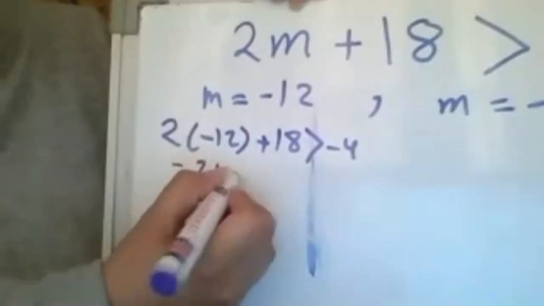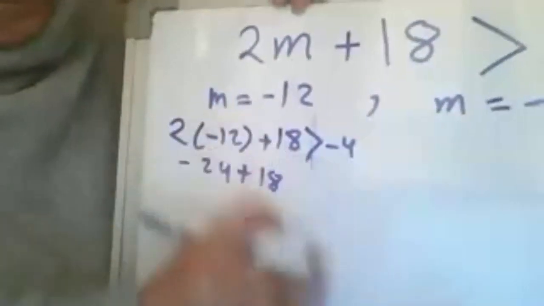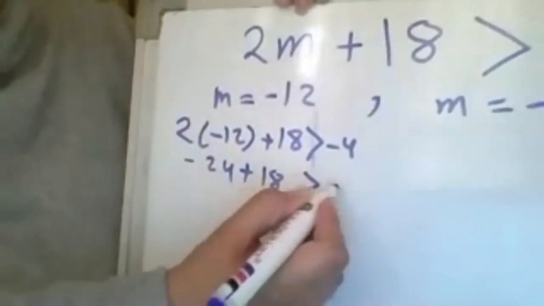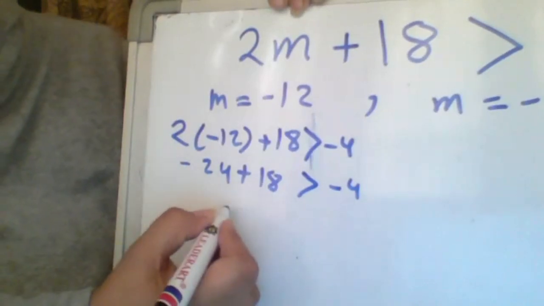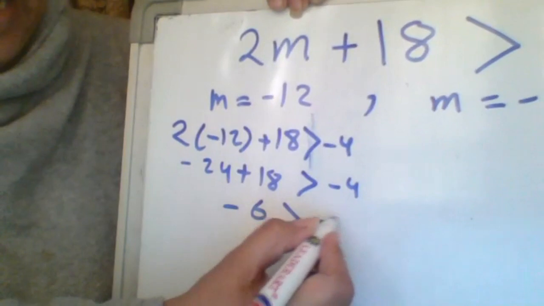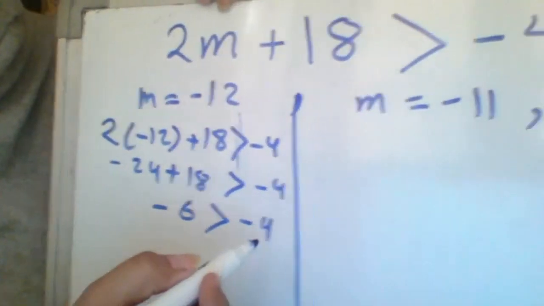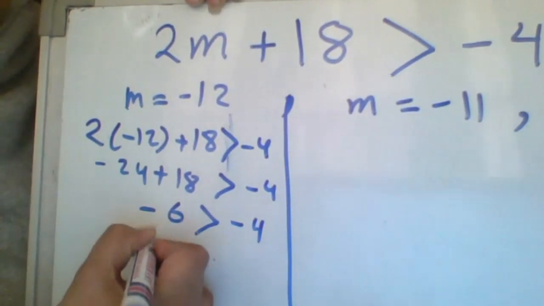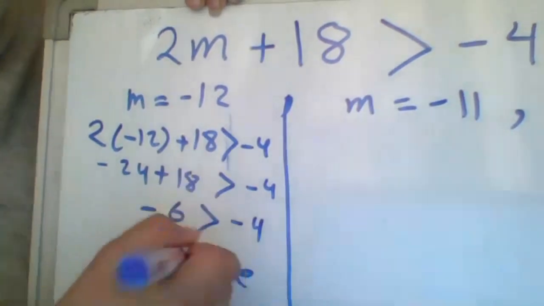Negative 24 plus 18, it will be what? It will be negative 6 and negative 4. Is negative 6 more than negative 4, true or not true? No, not true. So you will not accept.